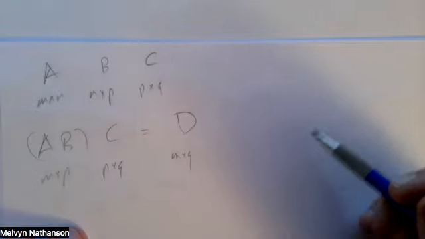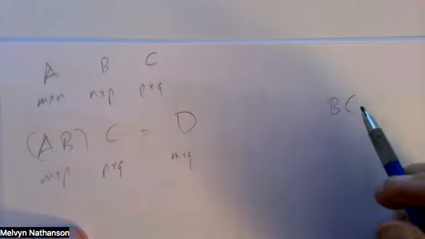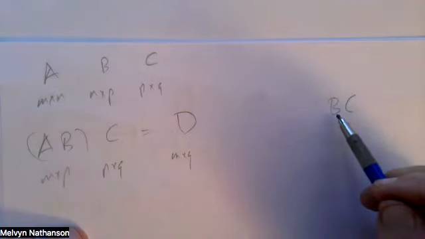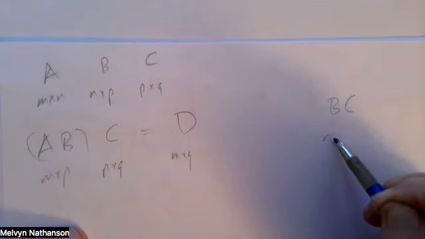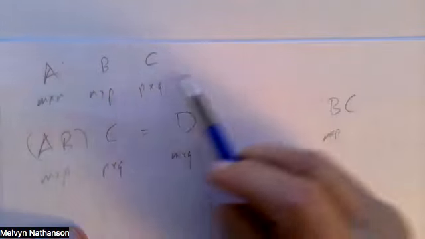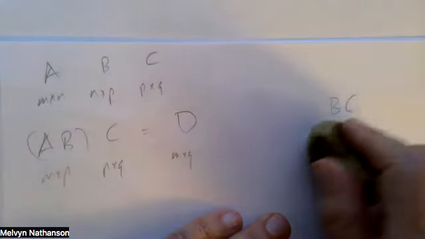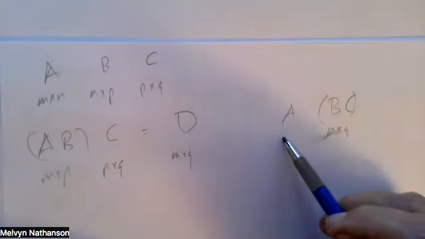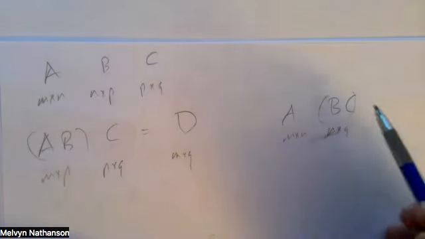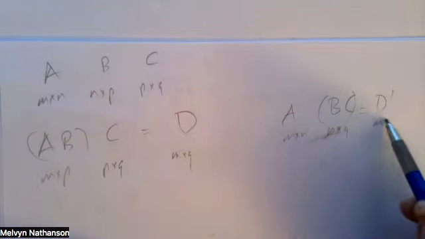On the other hand, if you multiply B and C, B is N by P, right, so B and C will be N by Q. And if you multiply it by A, which is M by N, you will get a matrix D prime, which is M by Q also.